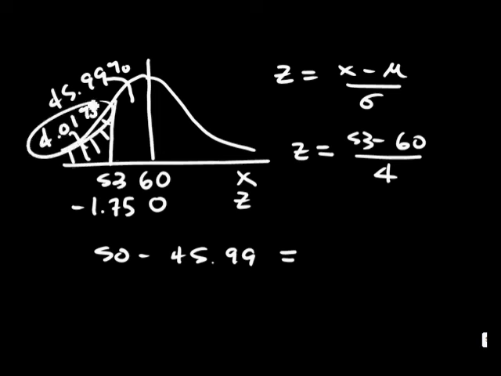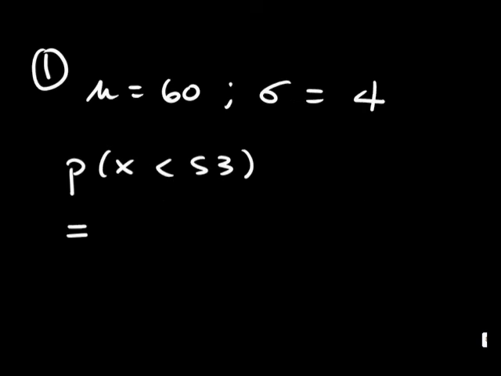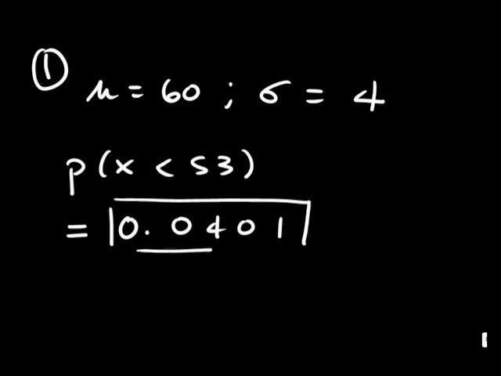This is the answer. So, if we write 4.01% as a probability value, it is 0.0401.